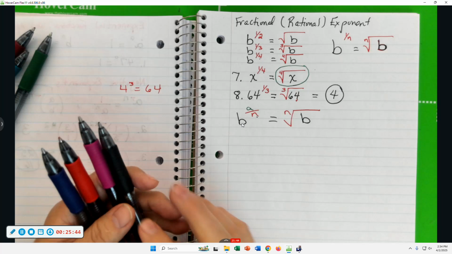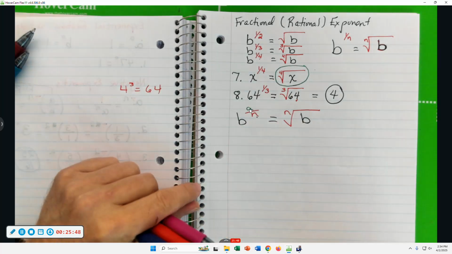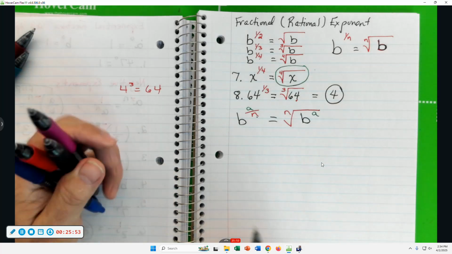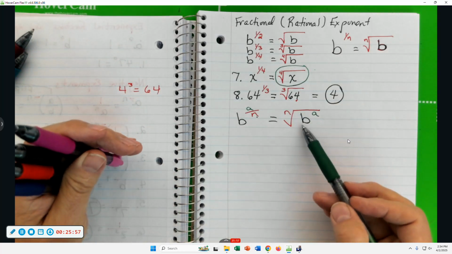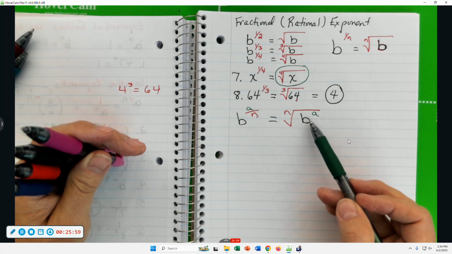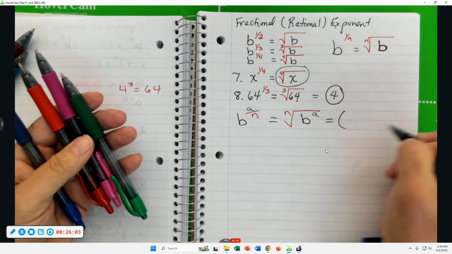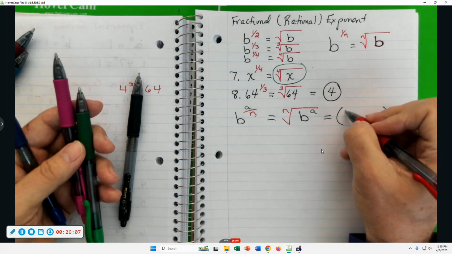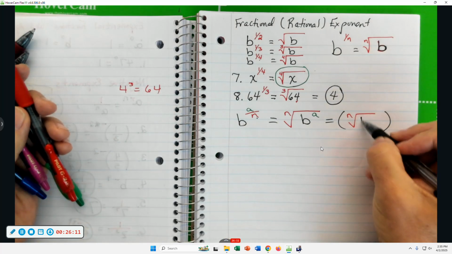And you have two options with that numerator a. You can either put it underneath the radical, which is not my favorite approach, because b to the a could get pretty big. The method that I like is to express it as the nth root of b.